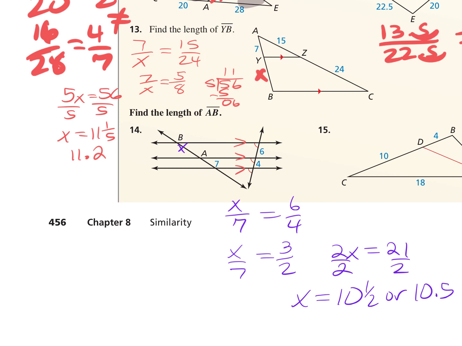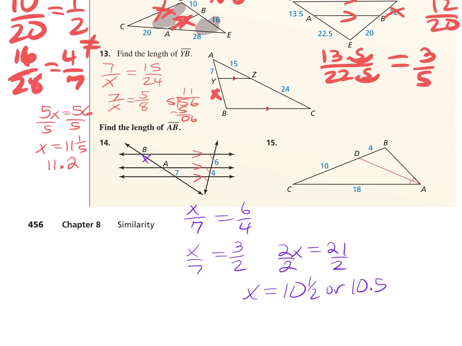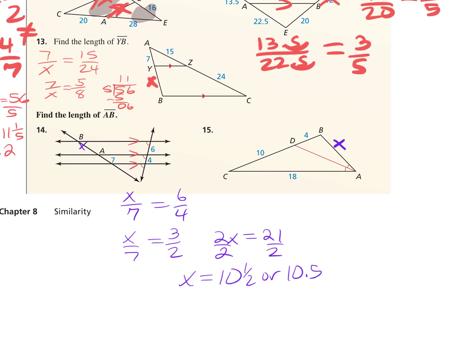And then the last question here is using that triangle angle bisector theorem, which again, I can put an X here, and it's dividing it proportionally. So I could do this top over that bottom, and then think of the 4 over X. So 10 over 18, 4 over X. Or if you'd rather do 4 over 10, and then X over 18, you can set it up that way as well. It doesn't matter. You're going to get the same thing either way.